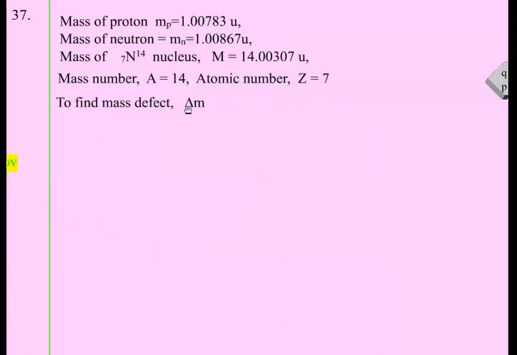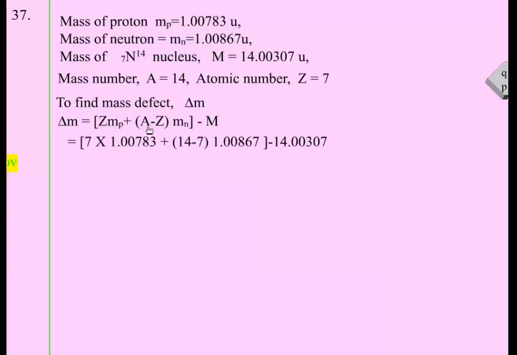So now to find the mass defect, delta M is equal to Z M_P plus (A minus Z) into M_n minus M. Z, that is 7, M_P, look here, this much is the mass of the proton.